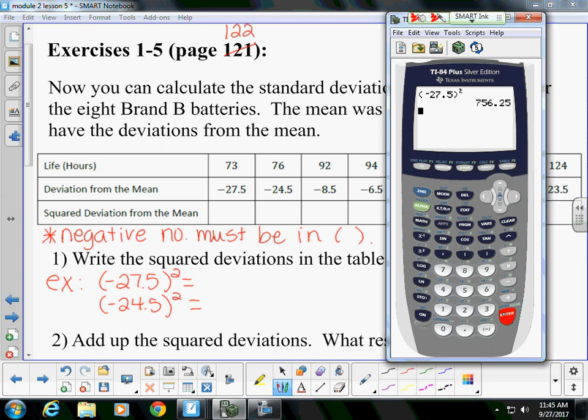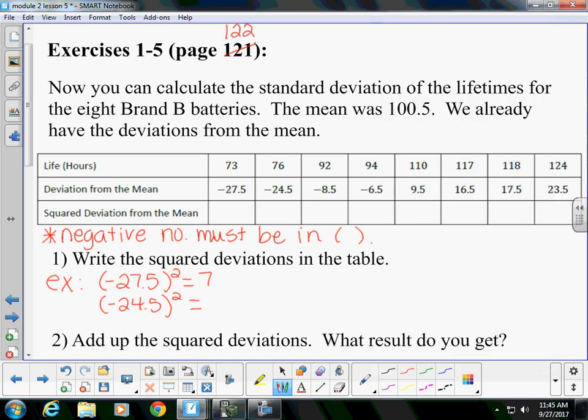Now to keep it simple, I'm going to round that answer to the nearest whole number, so 756. It came out to 756.25. I'm just going to write in my table 756, rounding it to the nearest whole number.